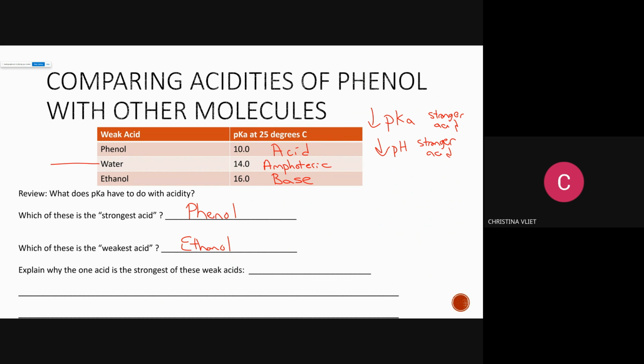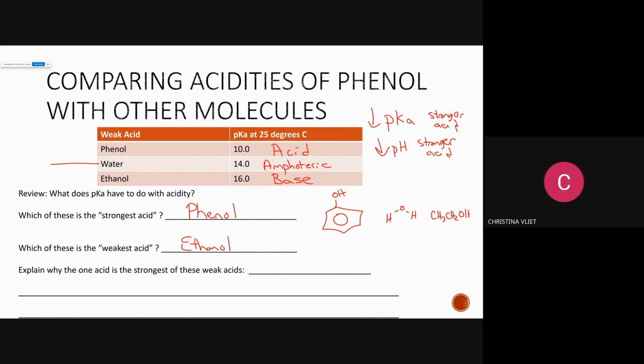And so looking at their chemical structure, phenol being this, water being this, and ethanol being this, can you compare? Why, according to their chemical structure, would this be a stronger acid and this be a weaker acid? What is going on? The delocalized electrons here are withdrawing.